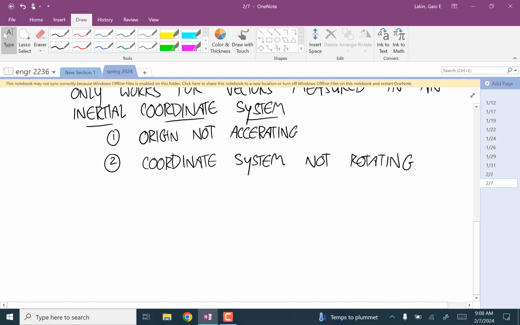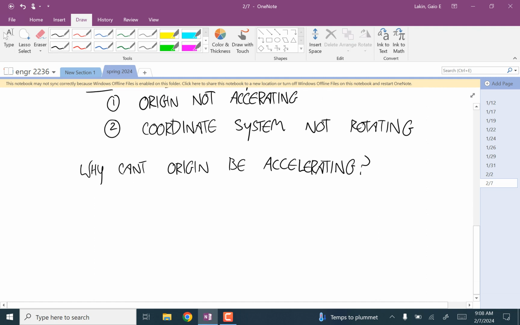Well, some examples of these. Why can't the origin be accelerating? Imagine somebody on an elevator.